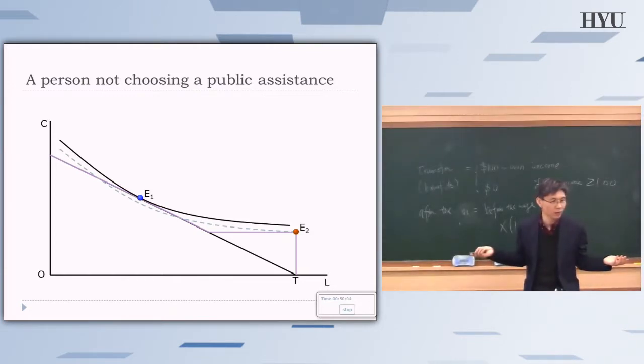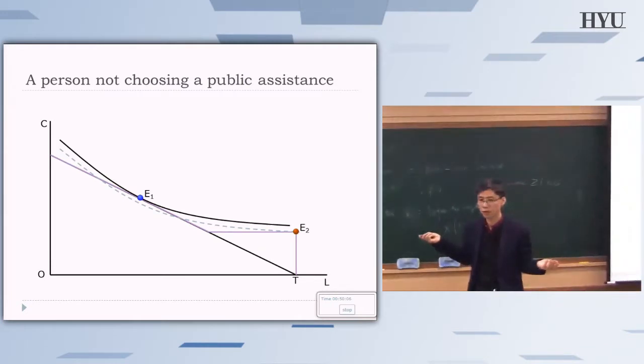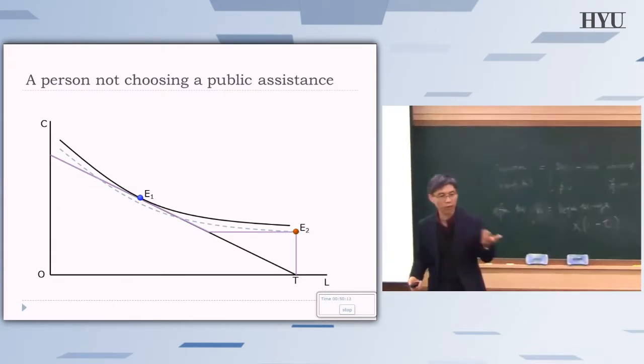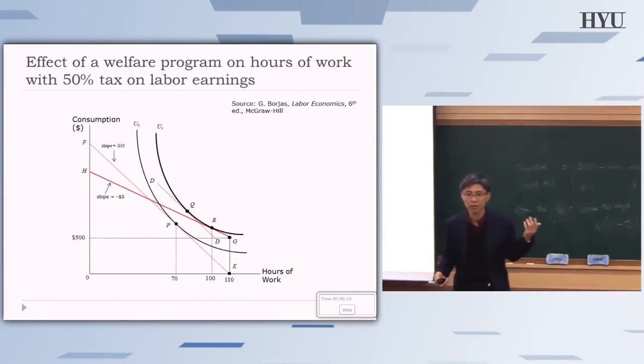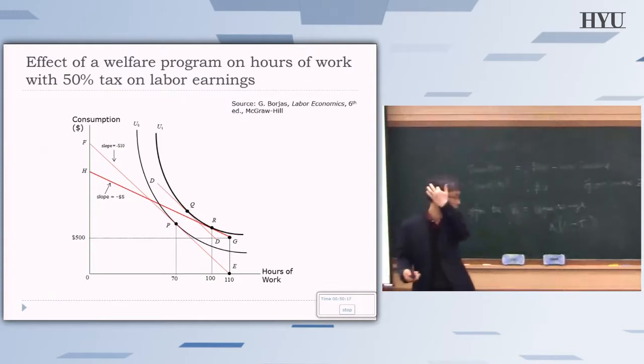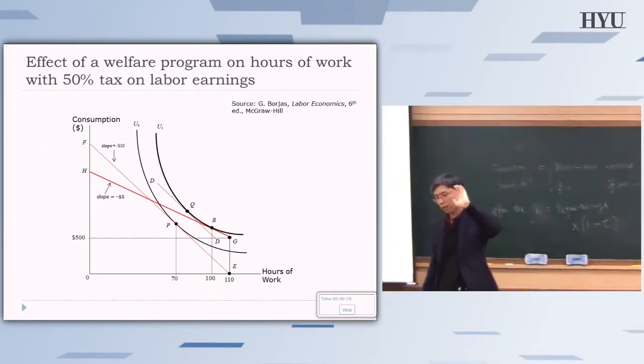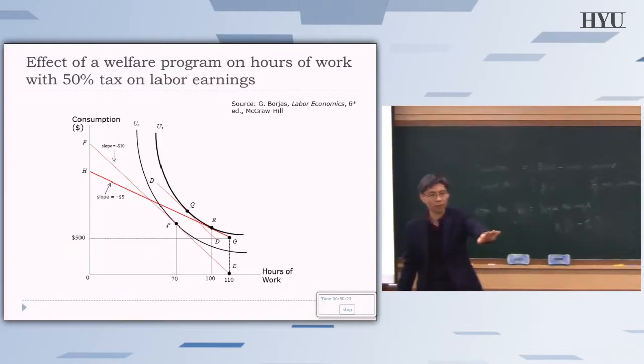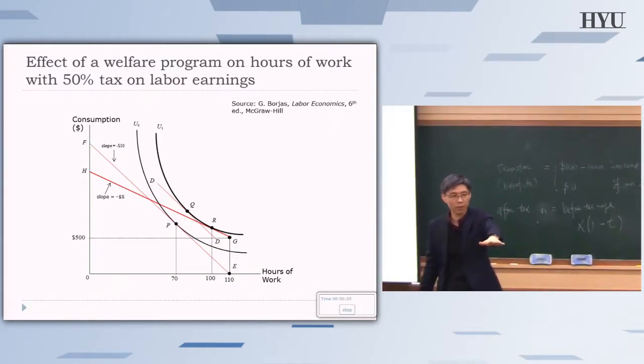One way of doing it is to change the implicit tax rate. For example, you just lower it from 100% to, let's say, 50%. So how does it work? It works this way. If you earn $50, the government will give not 50, but how much?